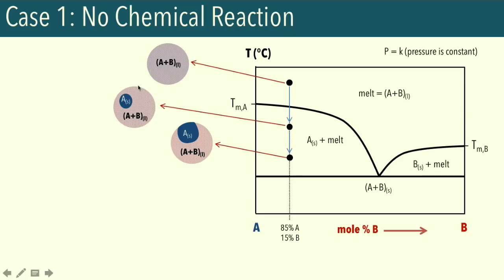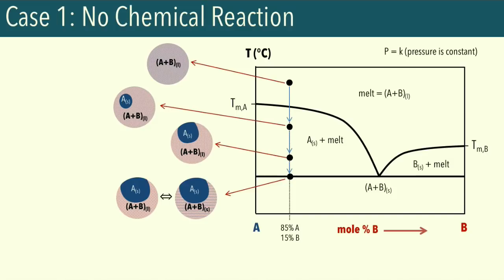Once we decrease the temperature to the eutectic temperature, this is when most of the melt starts to freeze. Note that the composition of the melt at this point is now the eutectic composition. This point also corresponds to the maximum amount of A that we could purify from the original solution. Just before the rest of the melt freezes, for example, we could separate out the solid A.